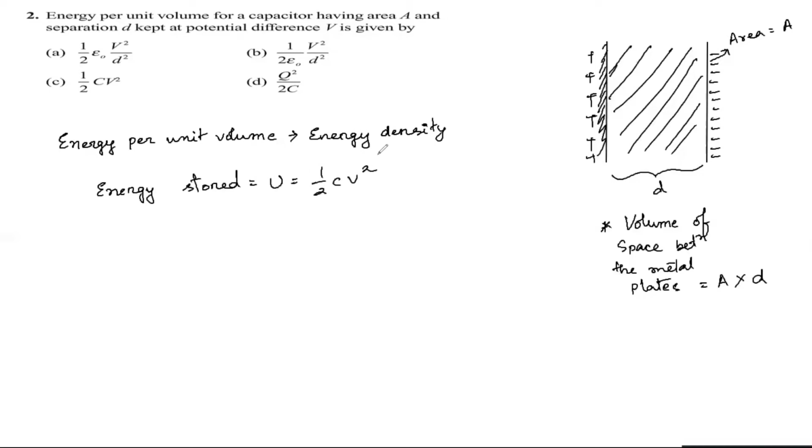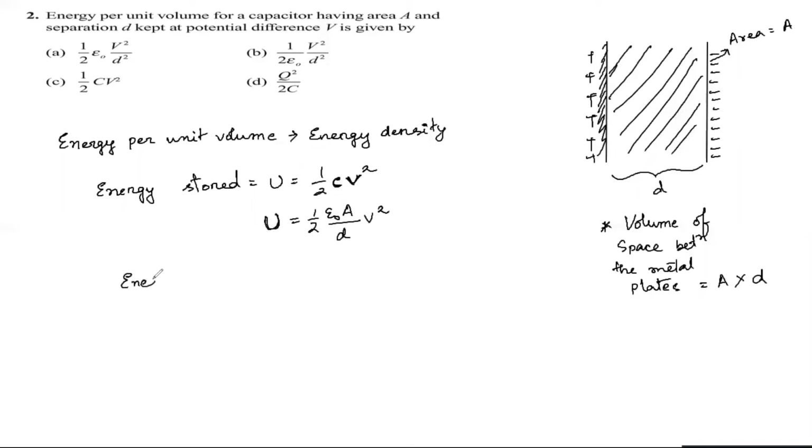This is the amount of energy stored in any capacitor of capacitance C and potential V. Alright. Since we are doing it for a parallel plate capacitor, we are going to express this capacitance value, which is nothing but epsilon naught A by d, times V square. Alright. So this is my total energy stored in any parallel plate capacitor.